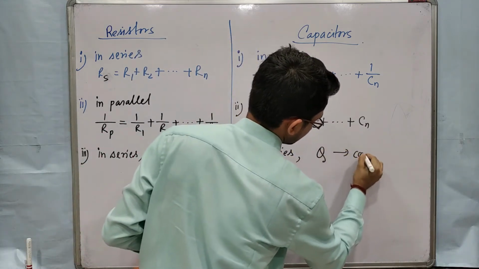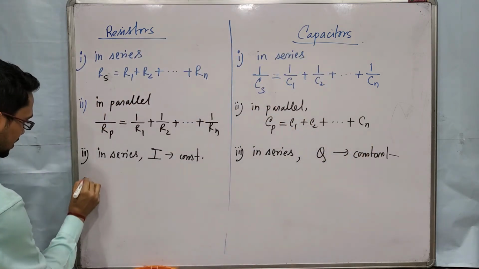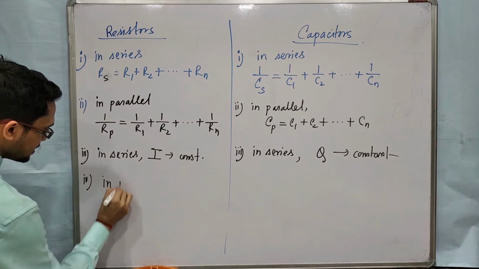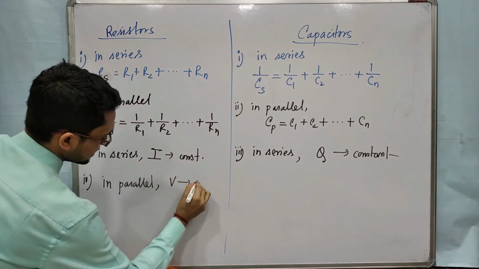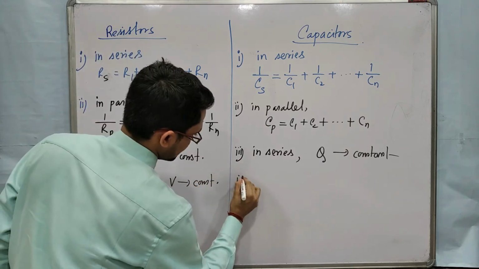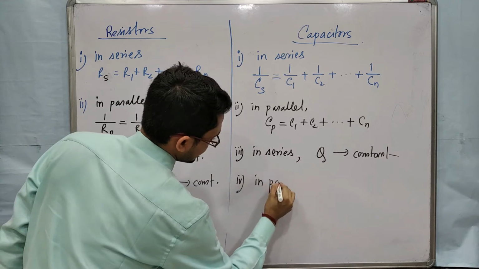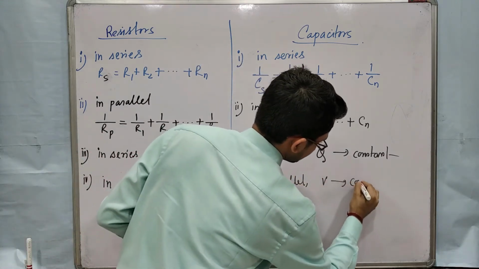Charge remains constant. Fourth point, in parallel, which quantity remains constant? V remains constant. In capacitors also the same quantity remains constant. In parallel, V remains constant.